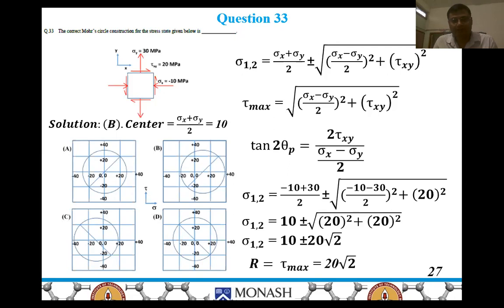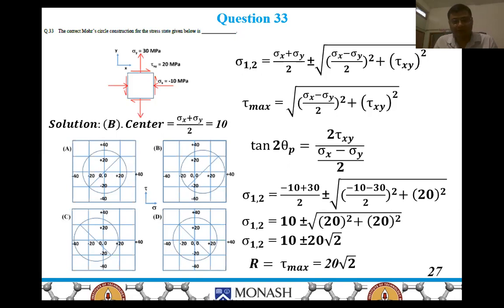So tau max, that is the maximum shear stress, is under root of ((sigma x minus sigma y) by 2) whole squared plus tau xy whole squared, and tan 2 theta p, that is the angle at which the principal or normal stresses act, will be equal to 2 tau xy upon sigma x minus sigma y. So sigma 1, 2 we can calculate.